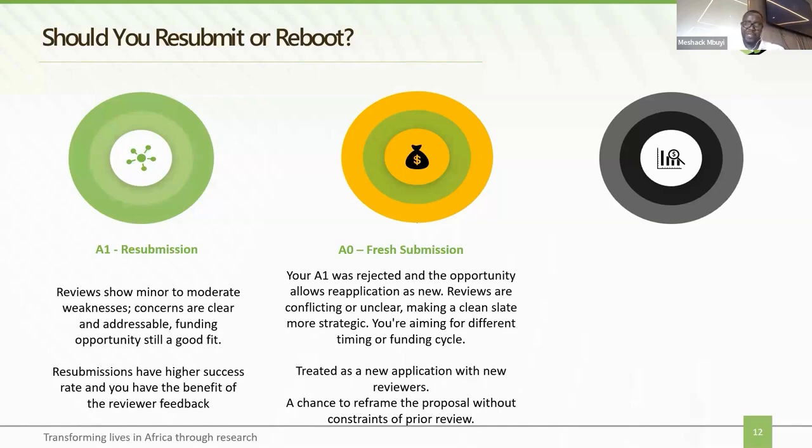This is why I was saying that you can wait for 1 or 2 years to submit the application as a new application, not as a resubmission. So at this point, it will be treated as a new application with new reviewers.